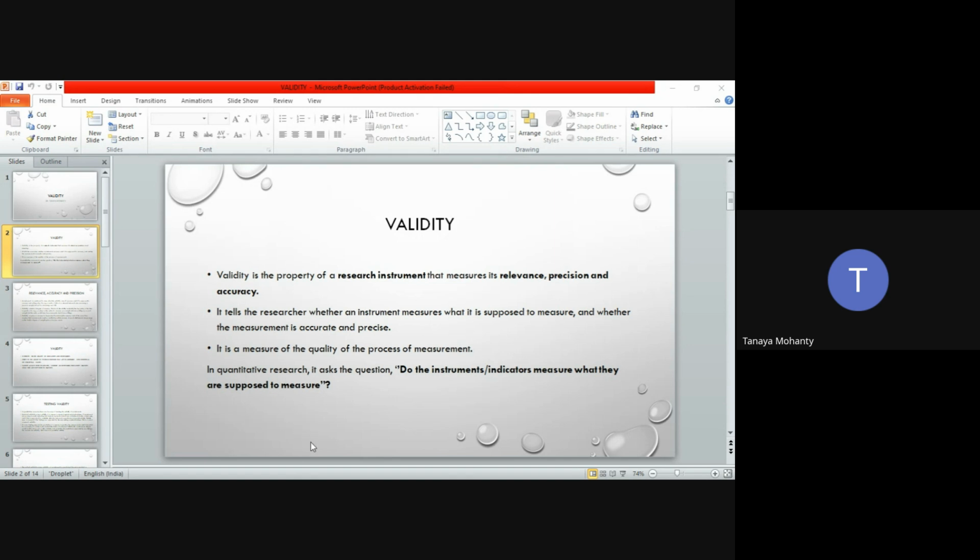So that is about the very first step of validity. And you have to keep in mind that every time you are using it, you are asking, are your instruments relevant to measure the problem that you have taken into account? So basically that happens in quantitative research.